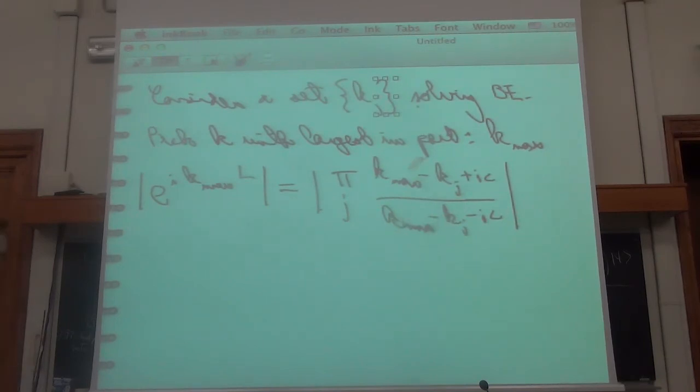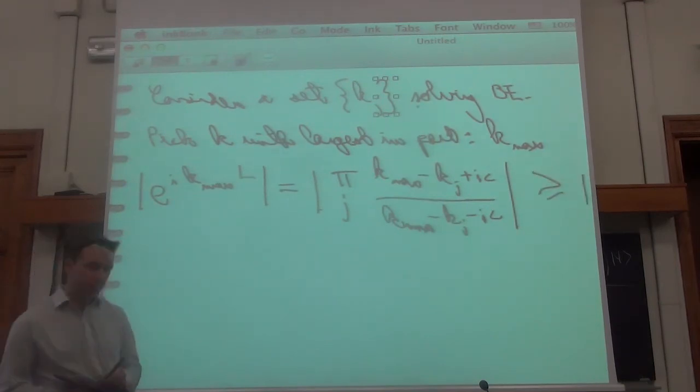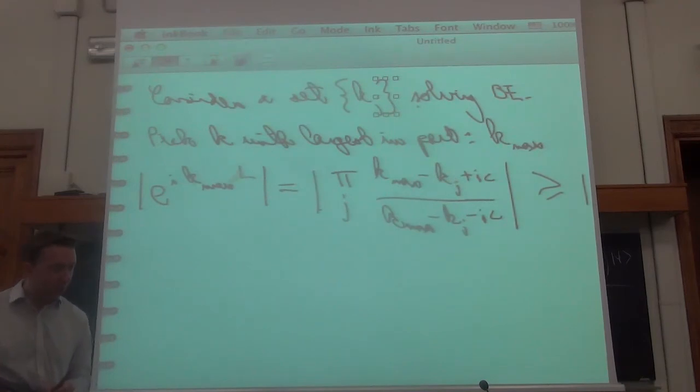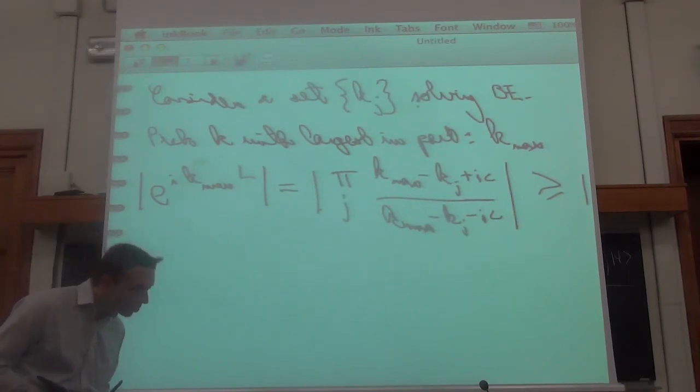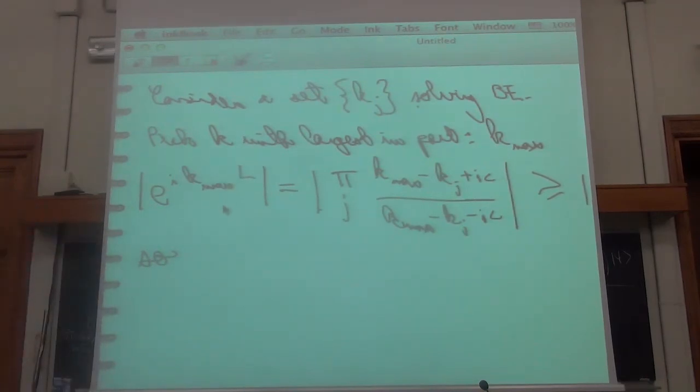Okay? Because k max is larger, so if we just look at this side here, this has to be greater than or equal to 1, just from this side here. But of course, this one here, you see what it tells you is that the imaginary part of the largest imaginary part is less than or equal to 0.